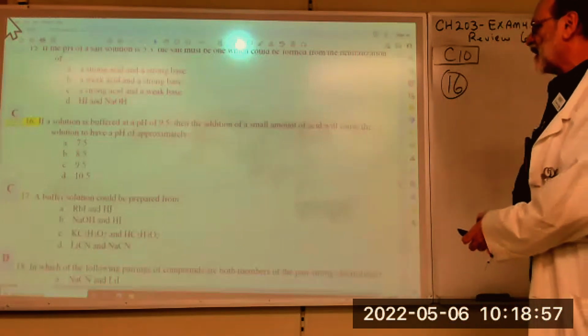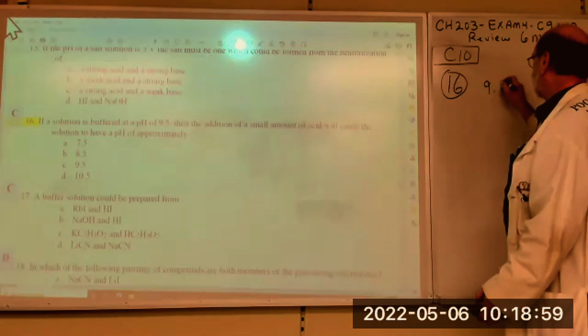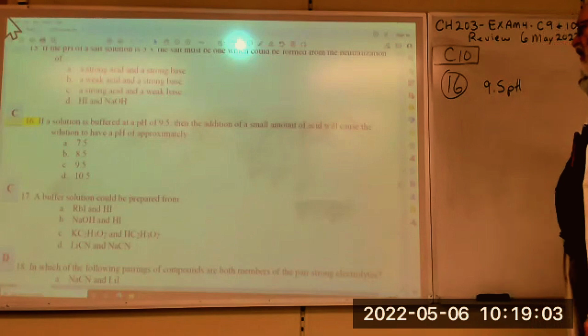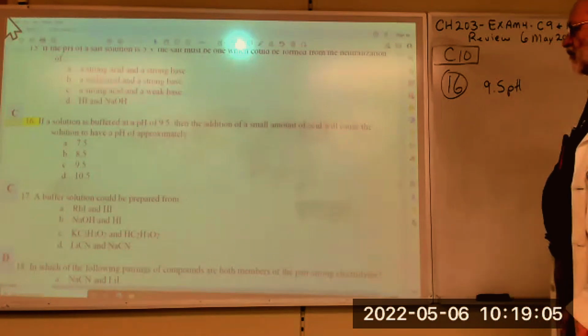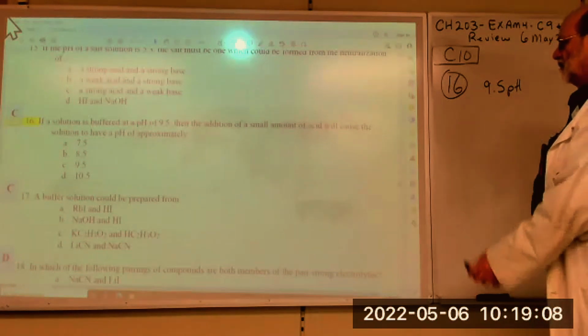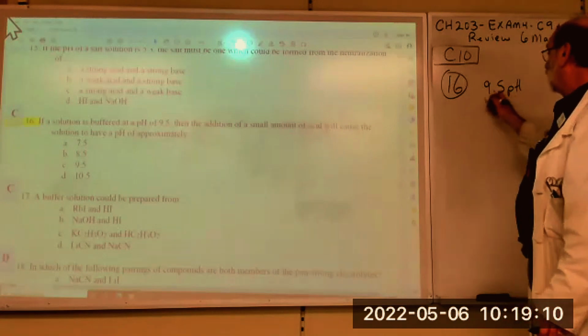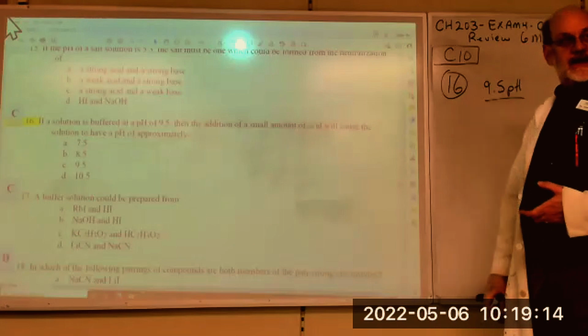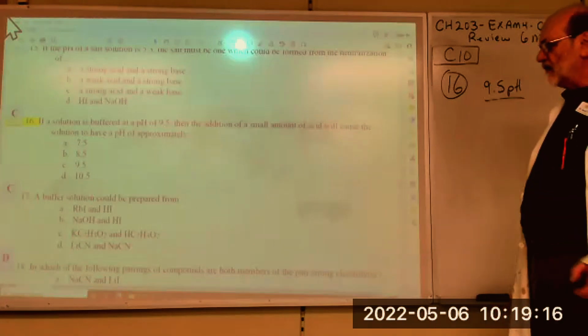In a solution buffered at a pH of 9.5, the addition of a small amount of acid will cause the solution to have a pH approximately 9.5. If you're only adding a small amount of acid, it'll be pretty close to 9.5.